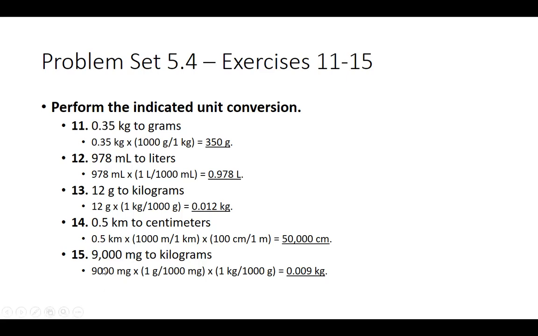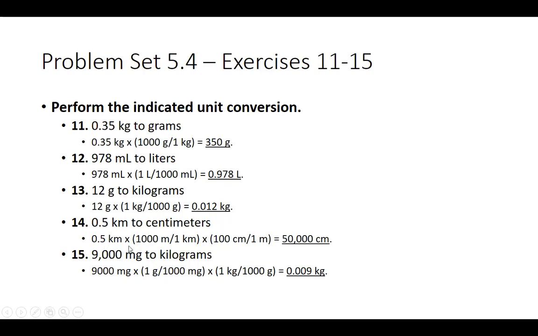So first, to get us into meters, we would need meters on top and kilometers on the bottom to cancel kilometers away. Then to get rid of meters and leave us with centimeters, we would need meters on the bottom and centimeters on top. So our first conversion factor is going to be 1,000 meters over 1 kilometer. Our second conversion factor is going to be 100 centimeters over 1 meter. First kilometers cancel, then meters cancel, leaving us with centimeters.